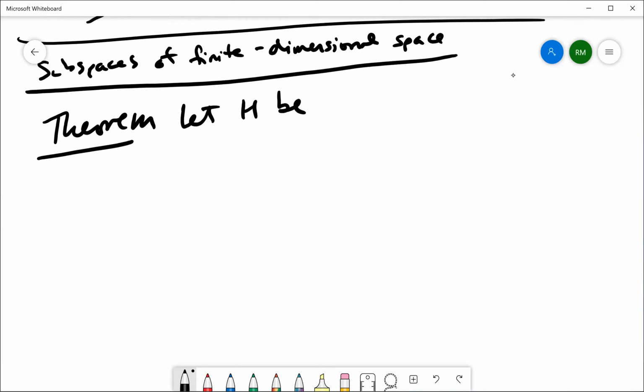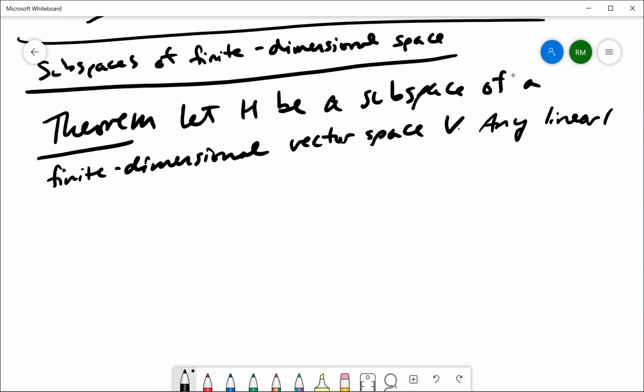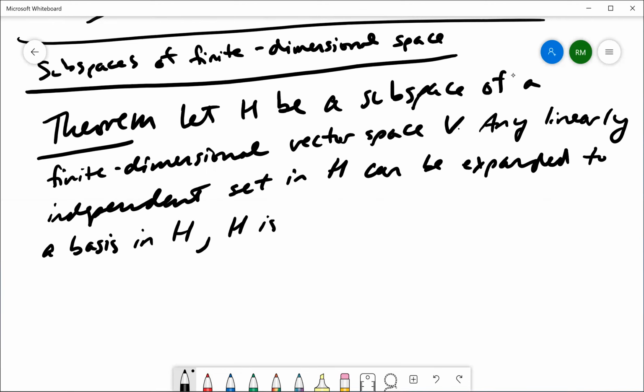Let H be a subspace of a finite dimensional vector space V. Any linearly independent set in H can be expanded to a basis in H. H is finite dimensional.